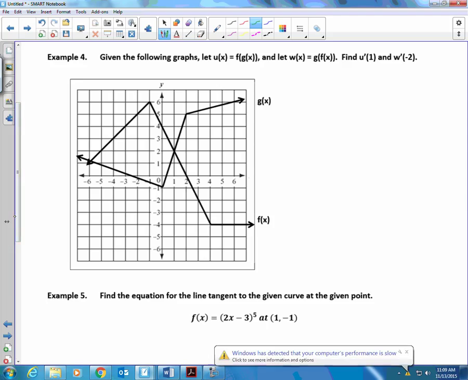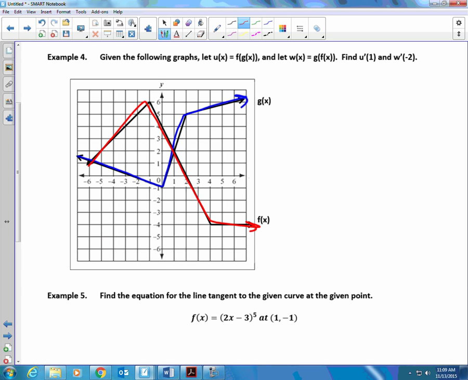Given the following graphs, let u of x be f of g of x, and let w of x be g of f of x. Find u prime of 1 and w prime of -2. Well, I'm going to look at g. I'll draw it in blue so we can see it better. And then f will be in red. So I'm going to start with u prime of x.